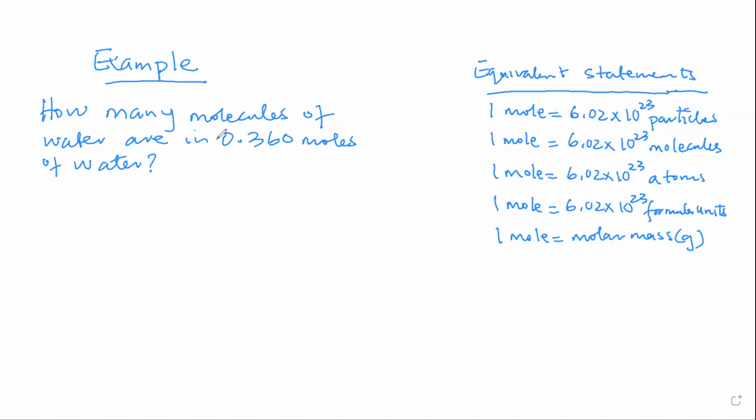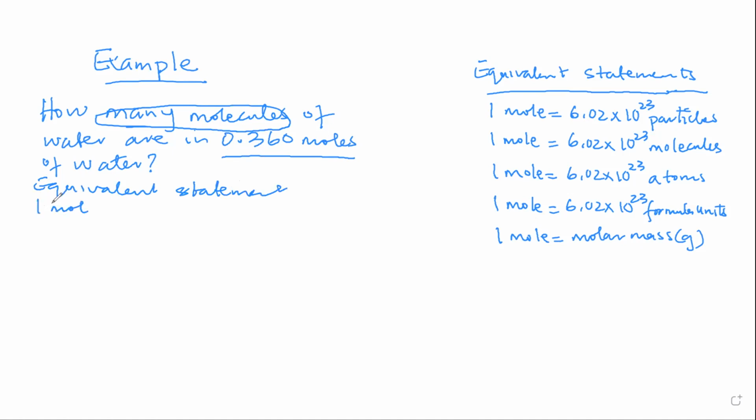So we look at the equivalent statements. And here we go. 1 mole equal to 6.02 times 10 to the 23 molecules. So we know moles, we do not know molecules. So the equivalent statement is 1 mole equal to 6.02 times 10 to the 23 molecules.